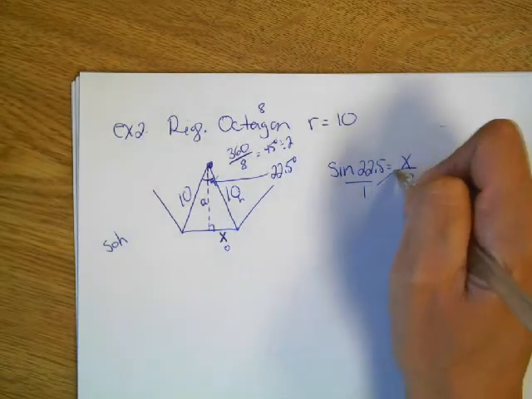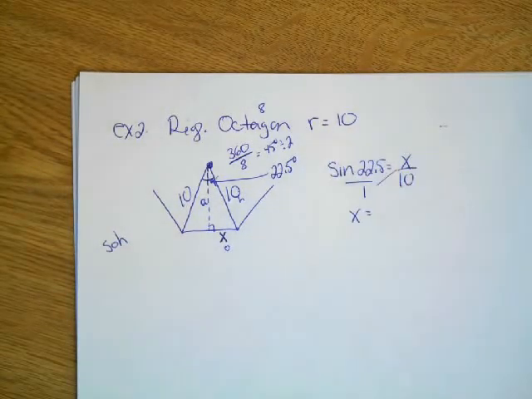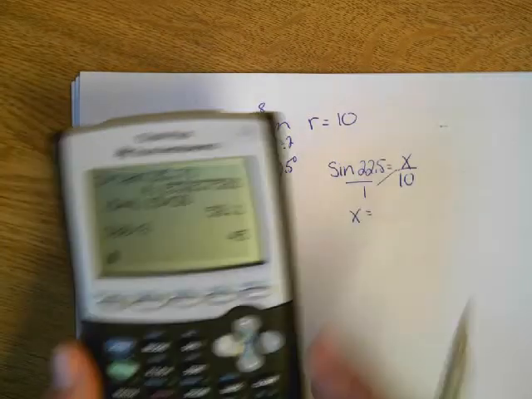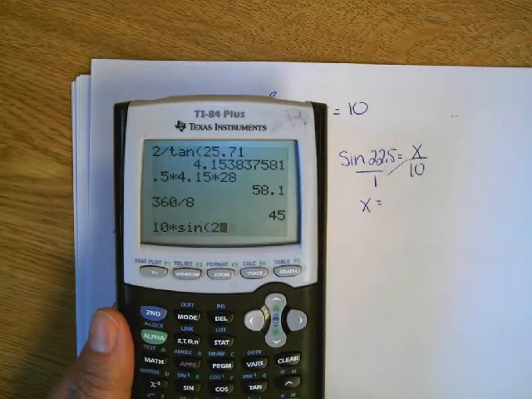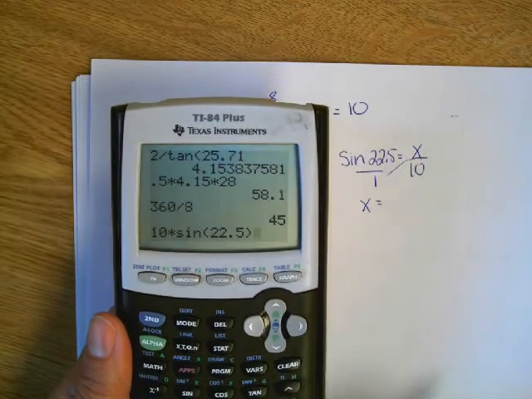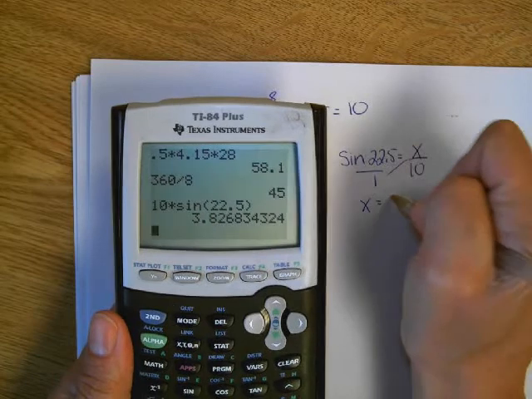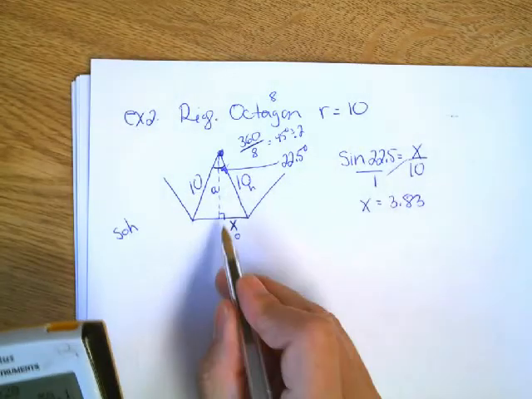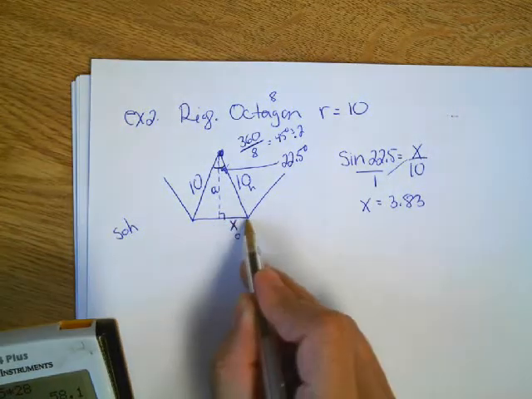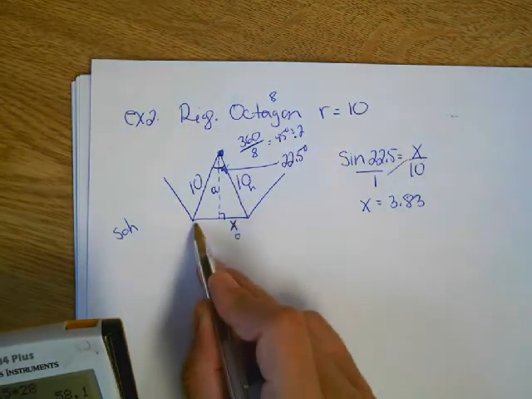I can see the x gets multiplied by 1, so I'm just going to pick up a calculator and type in 10 times the sine of 22.5. 3.83. Remember, that's from the midpoint over, so that's going to help me get my perimeter.